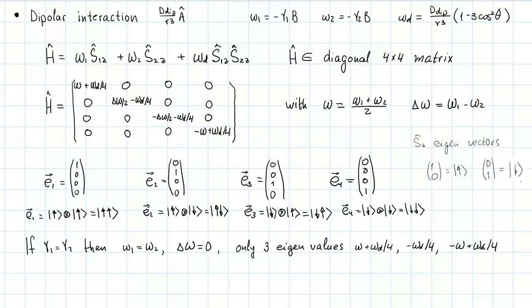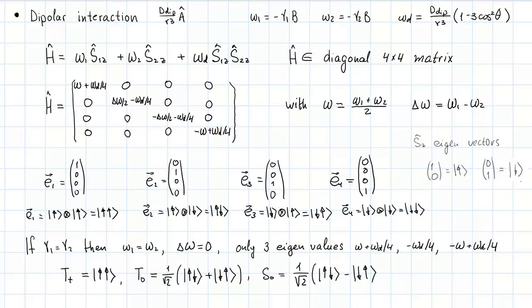Therefore, I can write the symmetrized eigenvectors of the Hamiltonian H as T plus equal to spin up, spin up; T0 equal to 1 over square root of 2, spin up, spin down plus spin down, spin up; S0 equal to 1 over square root of 2, spin up, spin down minus spin down, spin up; and T minus equal to spin down, spin down.